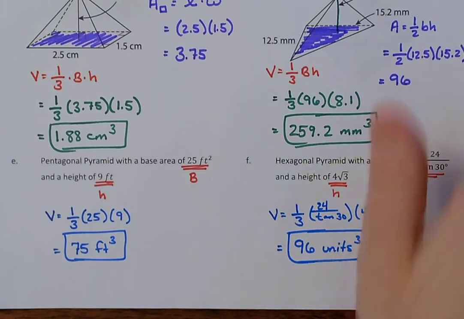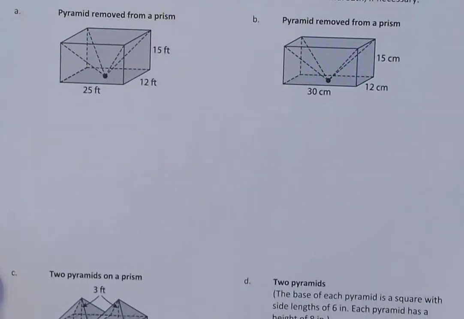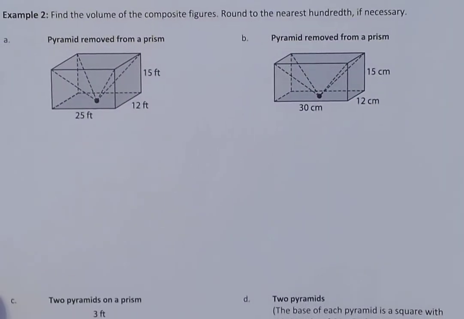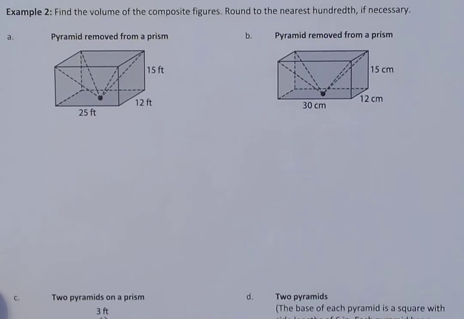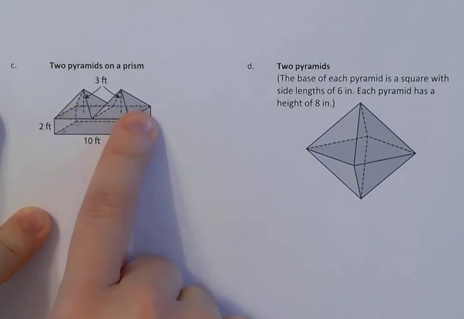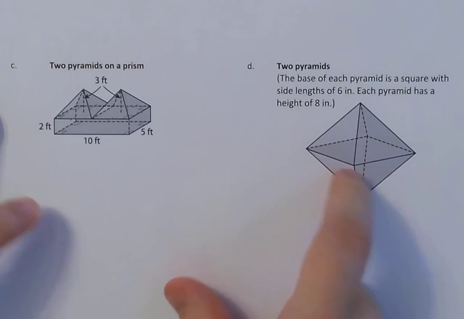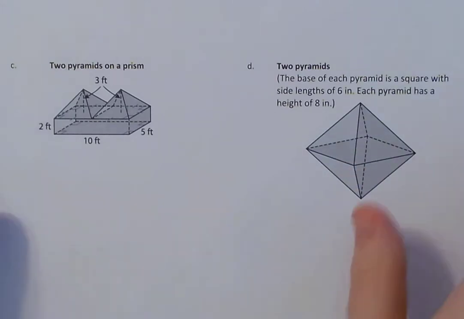Now, on the back side of the notes, example 2 has us deal with composite figures. So it's either a pyramid on top of a prism, or it's a pyramid removed from a prism. Parts A and B are a pyramid removed from a prism. For C, it's two pyramids on a prism. And for D, it's two prisms combined together.